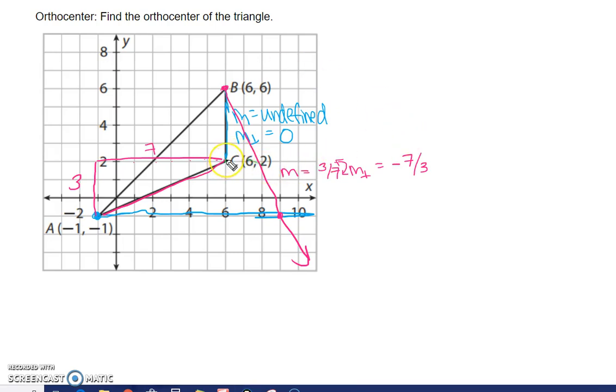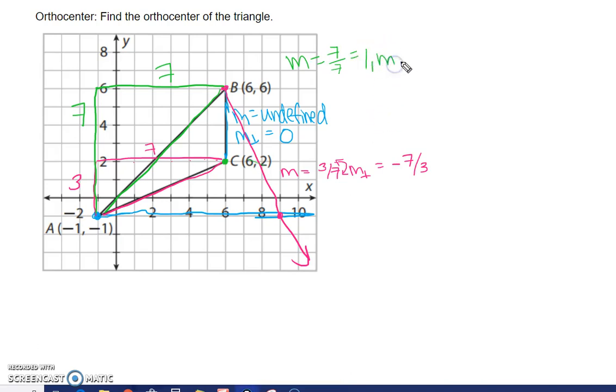Okay, then we've got point C, and it's going to be perpendicular to line AB. And I'm going to find the slope. So I'm going up 7, and I'm going over 7. So that means my slope is 1, because 7 over 7 equals 1.